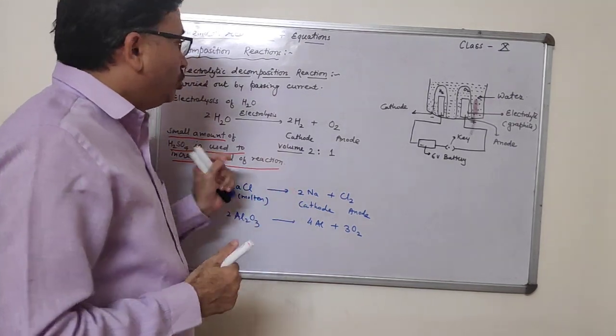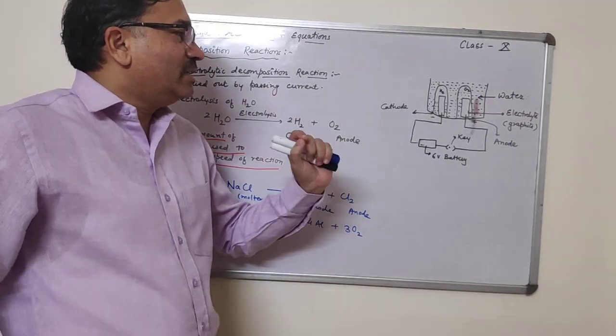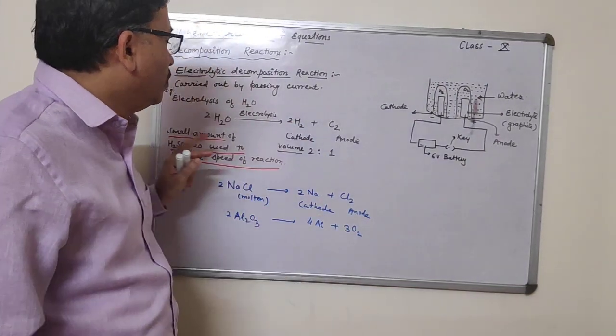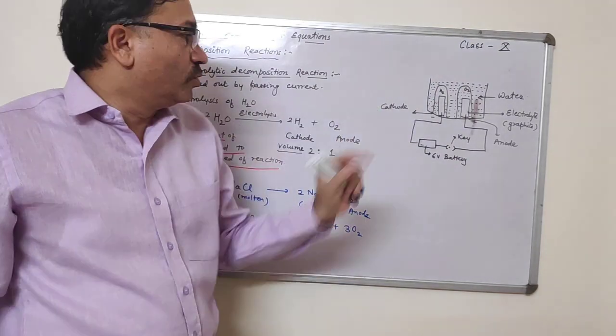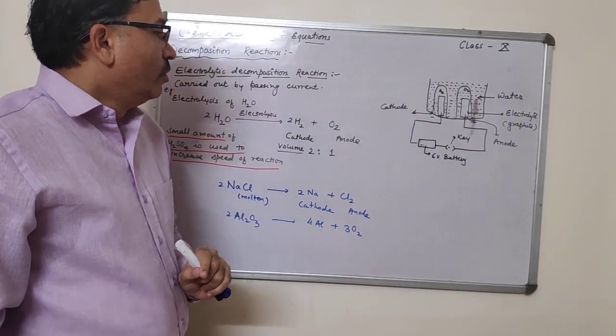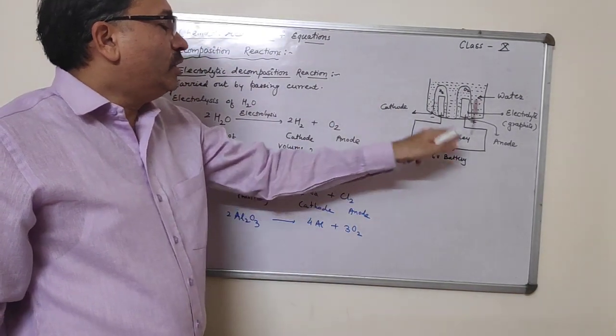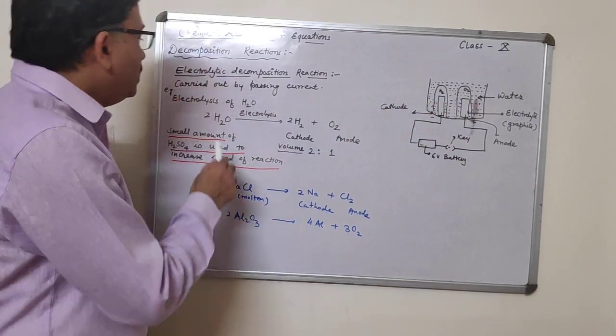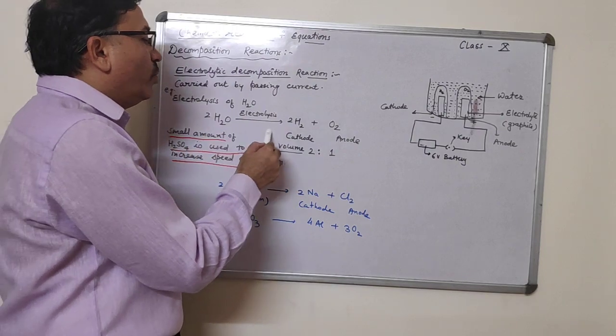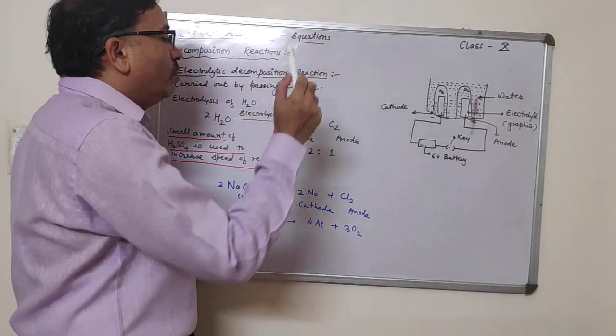We are using a small amount, 4 to 5 drops of H2SO4, in this process. When we switch on the plug key, our reaction starts and this H2O decomposes to give H2 and O2.